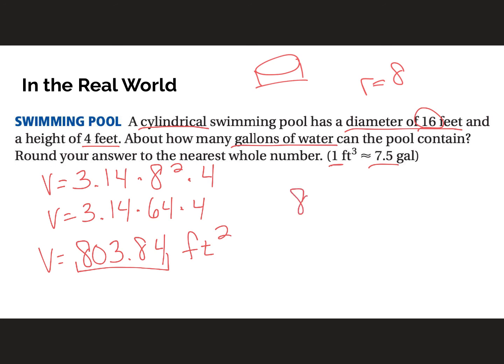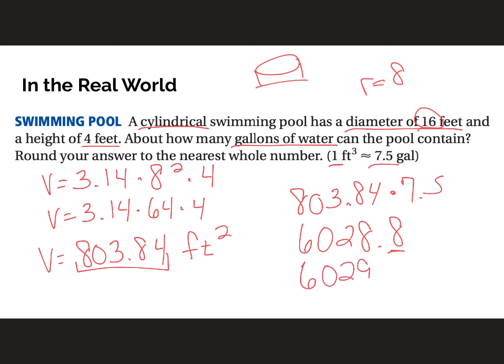So 803.84 times 7.5. Again, we're putting this into our calculator. And that gives us, and we're rounding to the nearest whole number, 6028.8. Since this number is greater than 5, it becomes 6,029 gallons.